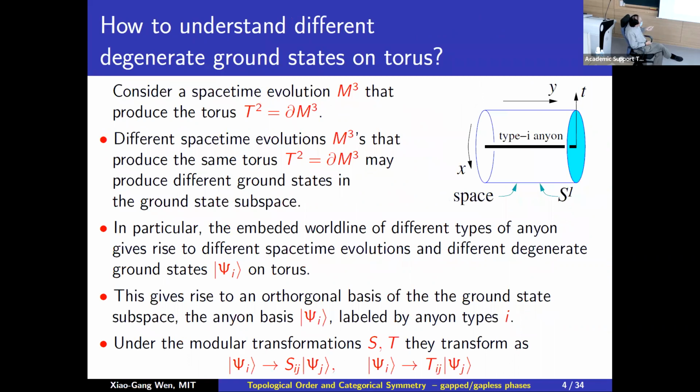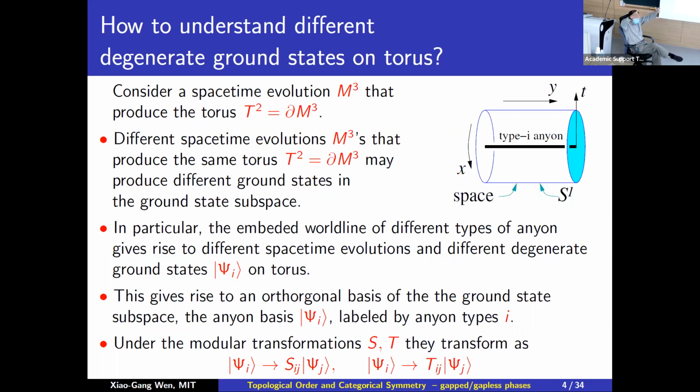So to understand this relation between the bulk topological order data, which is the ST matrix, and the boundary theory, we need a little bit of understanding of where this degenerate ground state comes from. What is the picture for the degenerate ground state on the torus? Here we think of our space as a torus.